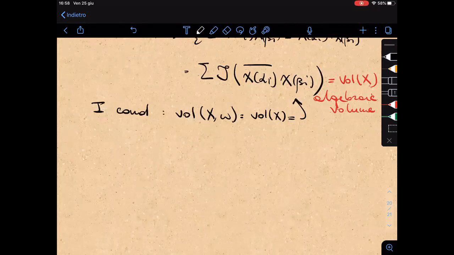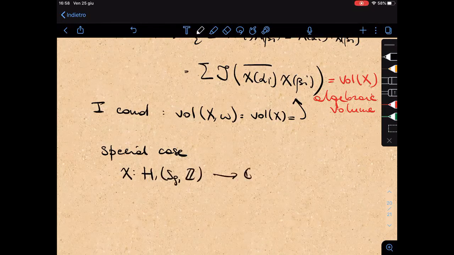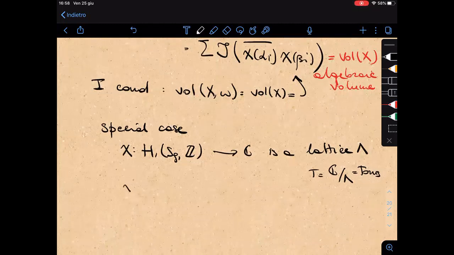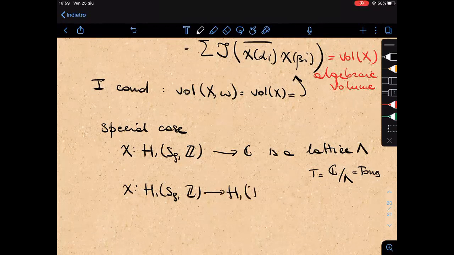Well, now suppose there is one special case. Suppose that the image of this guy into C is a lattice lambda. This means that C mod lambda is a torus T. Then it happens that chi is nothing but a mapping from H1 of S_g, Z into the first homology group of the torus with integer coefficients.